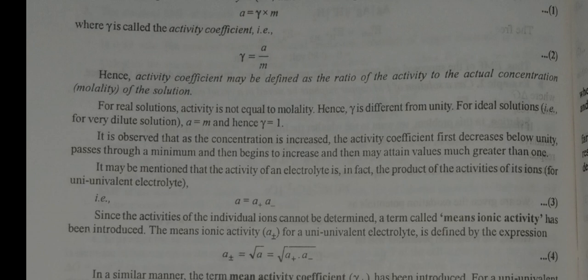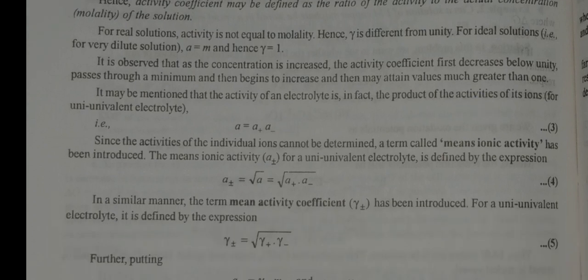It is observed that as the concentration is increased, the activity coefficient first decreases below unity, passes through a minimum, and then begins to increase and may attain values much greater than 1. It may be mentioned that the activity of an electrolyte is in fact the product of the activities of its ions. For univalent electrolytes, a is equal to a positive into a negative.